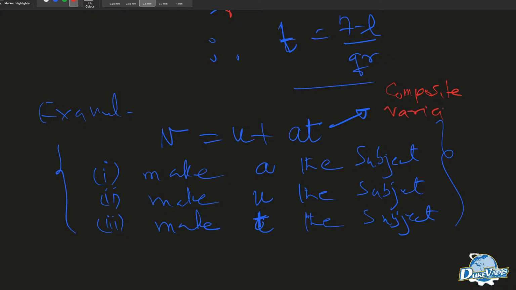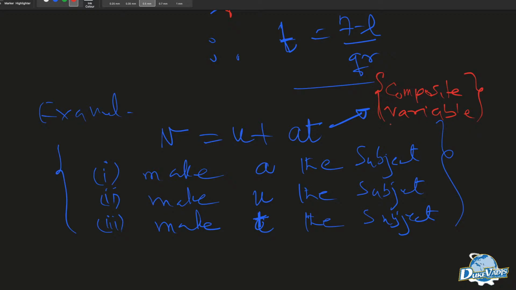Why do I say composite variable? Because there are two variables multiplying together, and it becomes one expression.